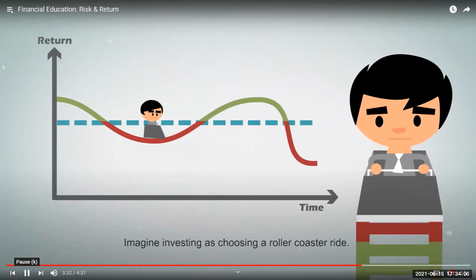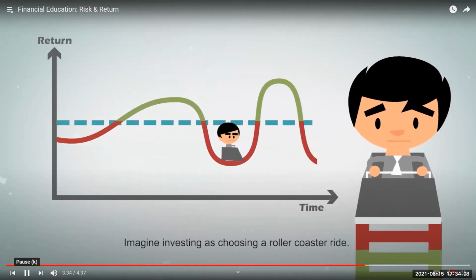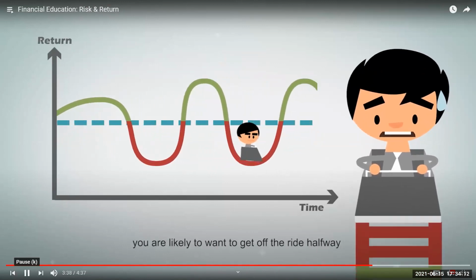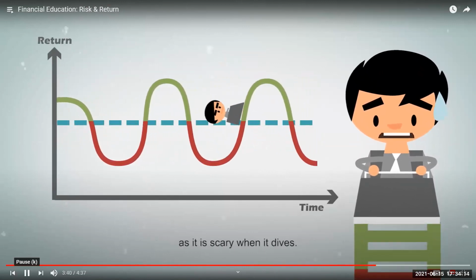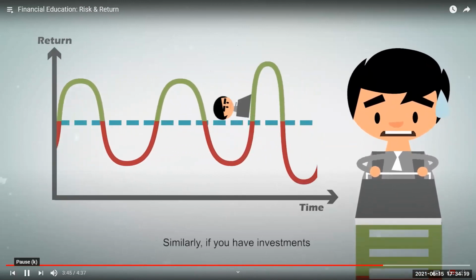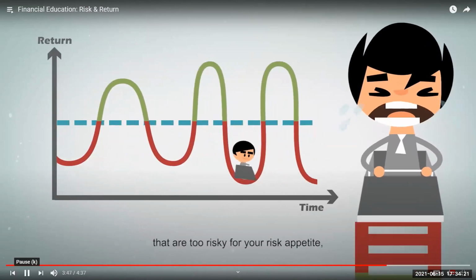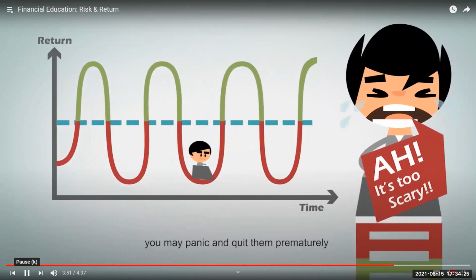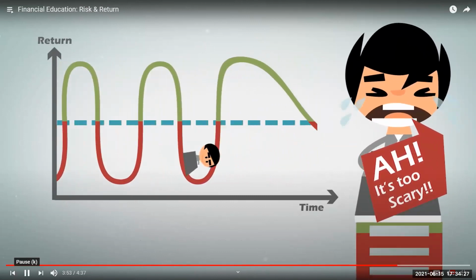Imagine investing as choosing a roller coaster ride. If you choose a wilder ride than you can handle, you are likely to want to get off the ride halfway, as it is scary when it dives. Similarly, if you have investments that are too risky for your risk appetite, you may panic and quit them prematurely when the market dives.